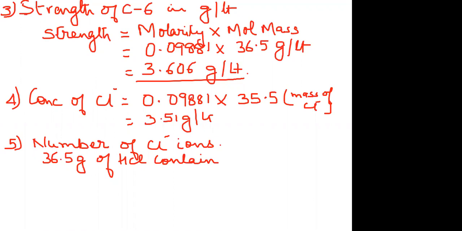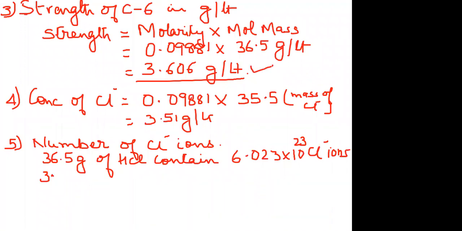Avogadro's number of chloride ions, that is 6.023 into 10 to the power 23 chloride ions, because one molecule contains 1. So 36.5 grams is 1 mole. So I can also write it in terms of mole, or we can write it using the strength we got in grams per liter.